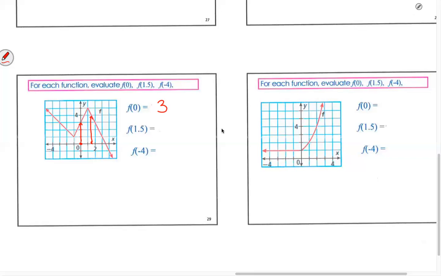So if we were talking about 1, it would be at 5, right? So we're going to be halfway between 1 and 2. So right down here, that's 1. So go halfway between. That's 0, and that would be 1, right? No, 1.5 would be right there. Now trace that.